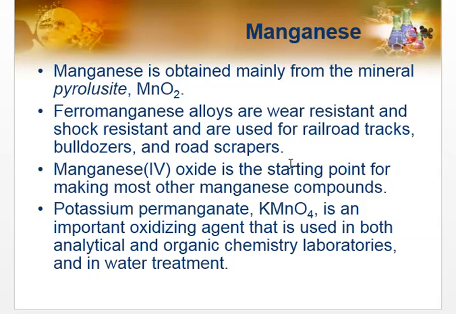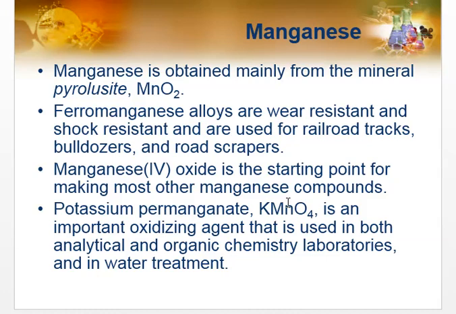Ferromanganese alloys are wear resistant and shock resistant and are used for railroad tracks, bulldozers and road scrapers. Manganese oxide is the starting point for making most other manganese compounds.